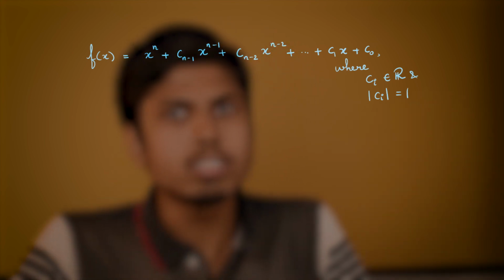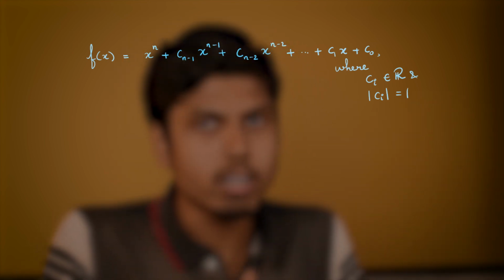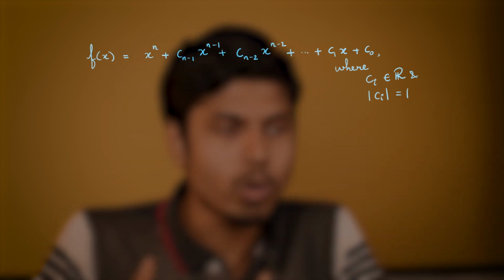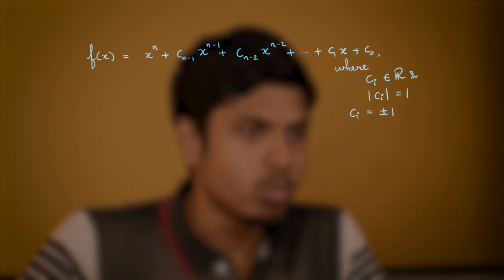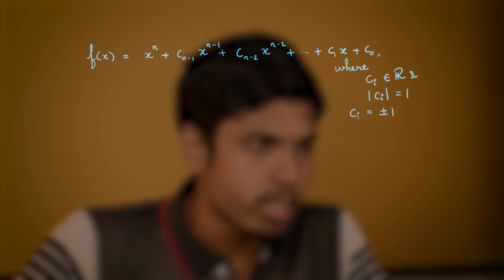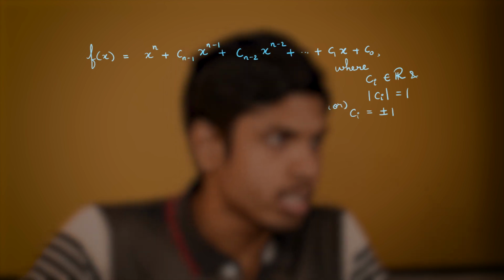So in other words, c_i belongs to the set containing 1 and minus 1, or c_i is plus or minus 1. So this is an equivalent condition.